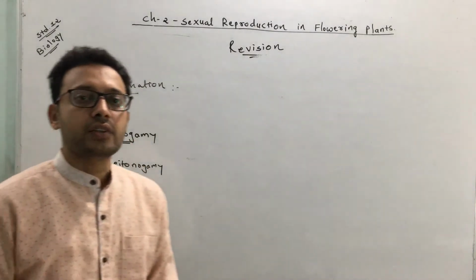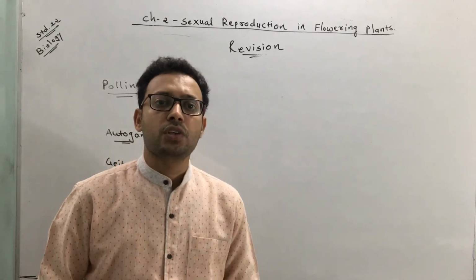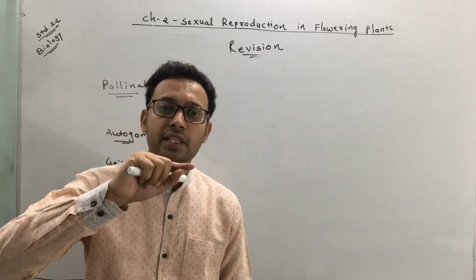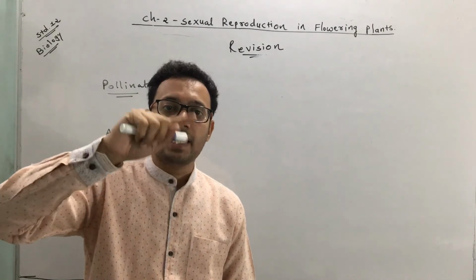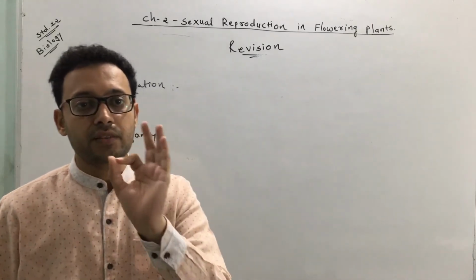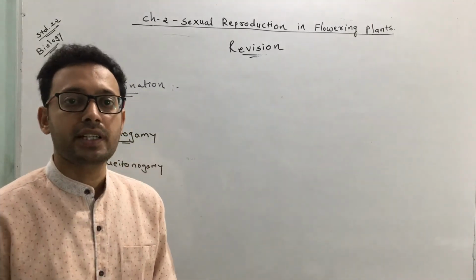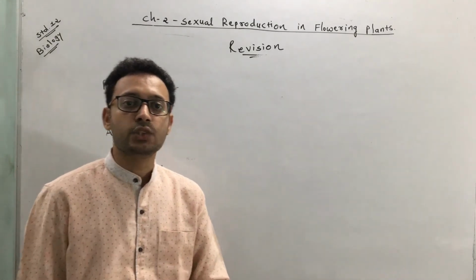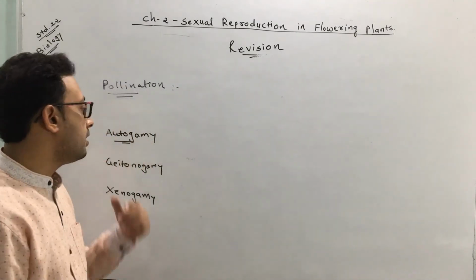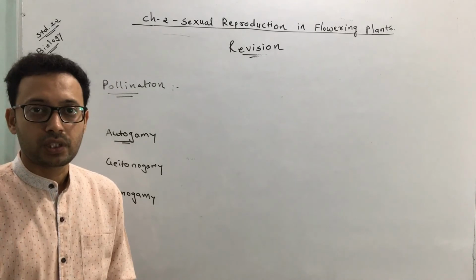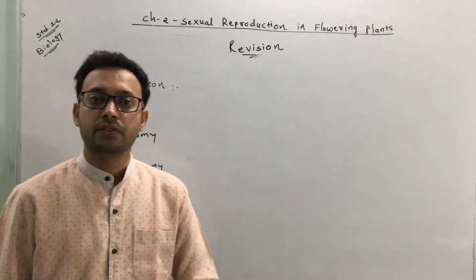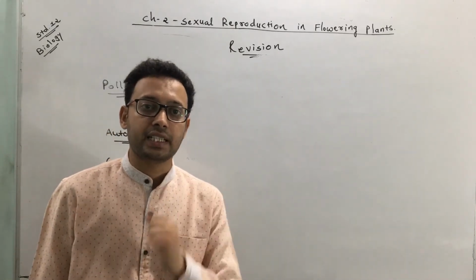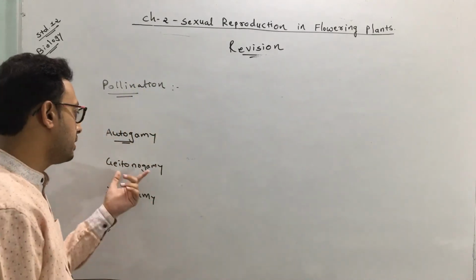Autogamy is usually found in a bisexual flower where the pollen grain is transferred from anther to a stigma of the same flower, same plant. Within the flower, the pollen grain is transferred. So it is very easy to observe in the case of a bisexual flower. For example, the flowers of Apiaceae, Lamiaceae and Cactaceae family show autogamy.